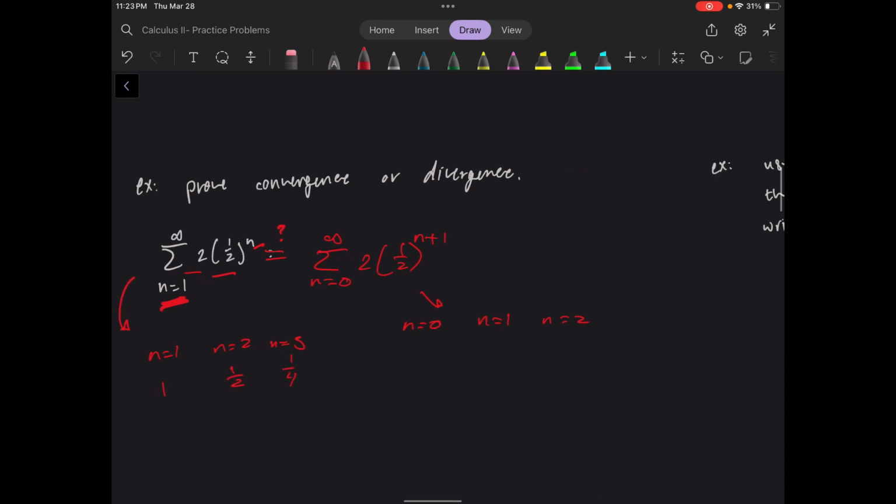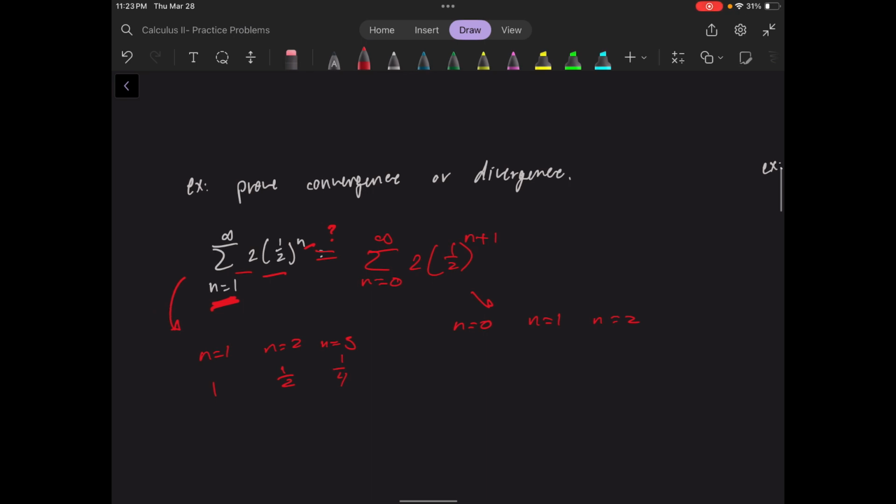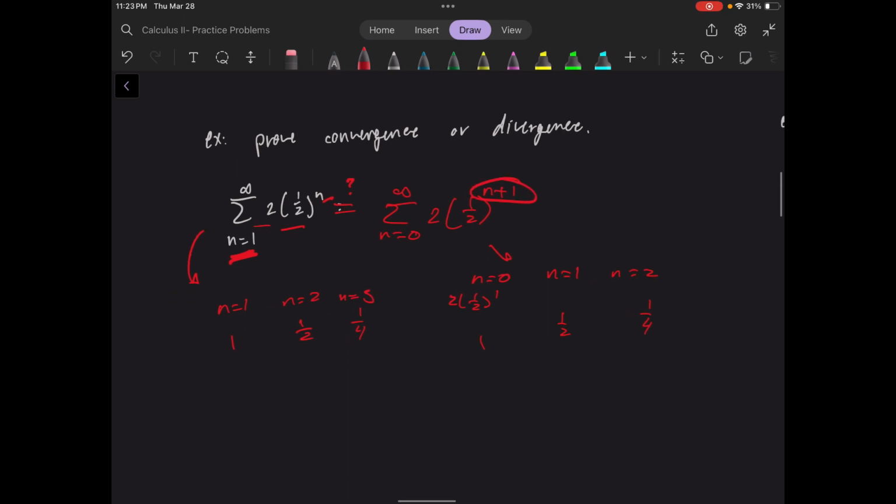And the first 3 terms of this sequence are 2 times 1/2 to the 1 power. If you plug in a 0 for n, the first term you're going to get is 2 times 1/2 to the 1 power, which is just 1. When you plug in 1, you're going to get 1/2. When you plug in 2, you're going to get 1/4. So you can see it's the same series; all we did was add this n plus 1.